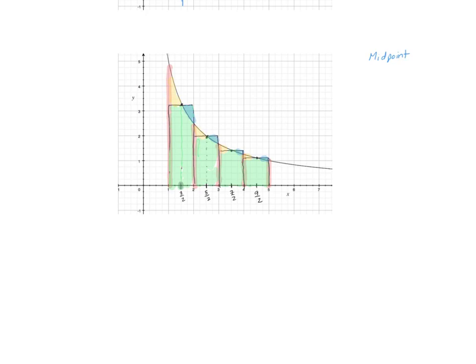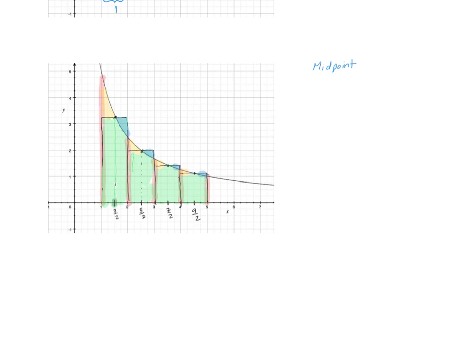And it looks like they're going to cancel each other out. If we look at the height of these rectangles, the first one is going to be f of 3/2, and then we have f of 5/2, f of 7/2, and f of 9/2. Now remember, looking at these lengths, or the base, it's still all just 1.